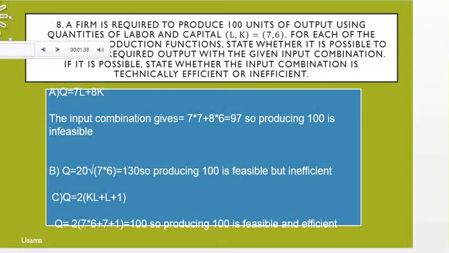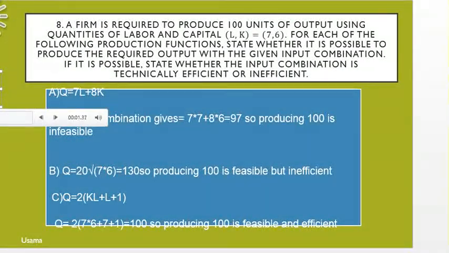Question 8. A firm is required to produce 100 units of output using quantities of labor and capital, L and K, equal to 7 and 6. For each of the following production functions, state whether it's possible to produce the required output with the given input combination. If it's possible, state whether the input combination is technically efficient or inefficient.